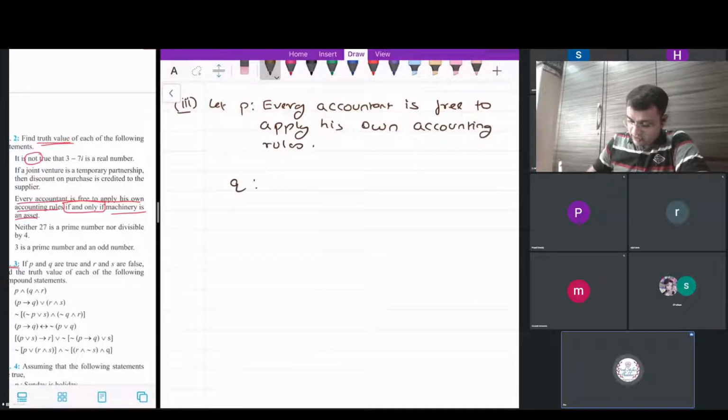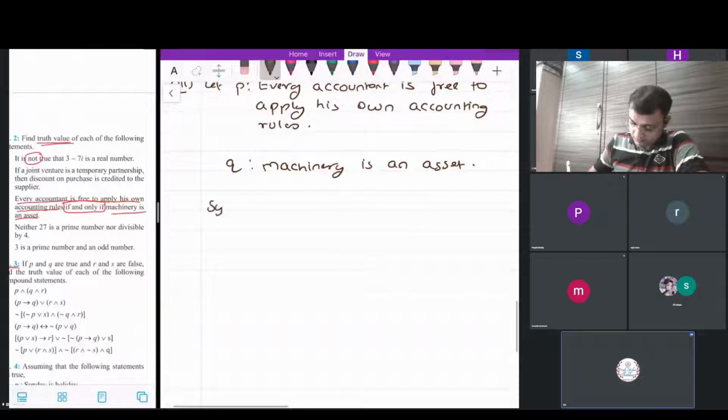Q is a very simple one. Machinery is an asset.